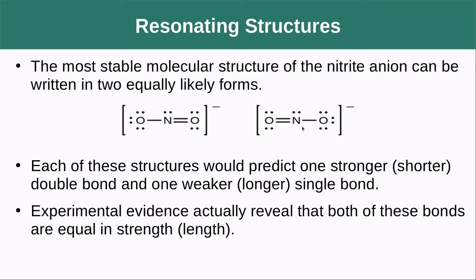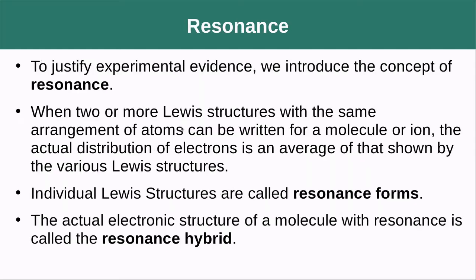But in actuality, that's not really true. If we measured this bond and this bond, they're the same length, and they're roughly equal to a bond of 1.5. So what exactly is happening here?